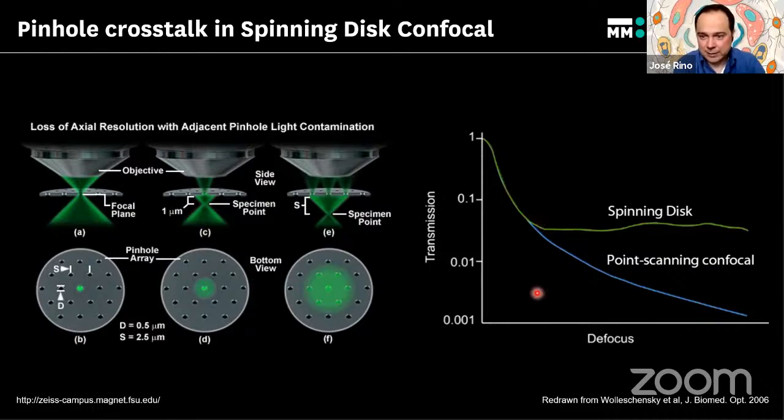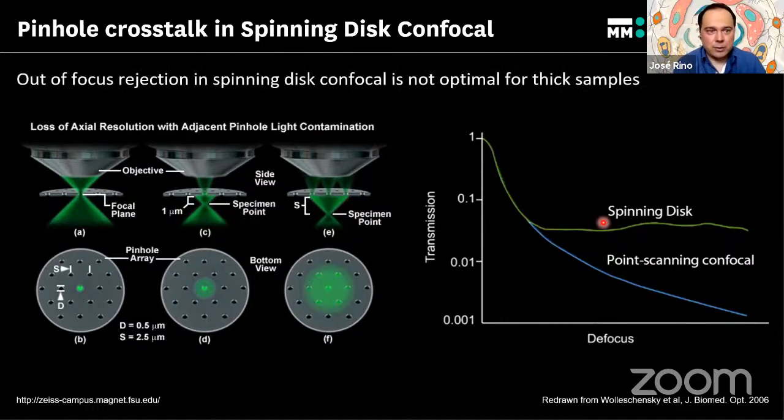There's a certain distance above which light will go through adjacent pinholes, and so you'll have a baseline transmission here that you cannot really eliminate. So the point being that out-of-focus rejection in the spinning disk confocal is not optimal for thick samples.